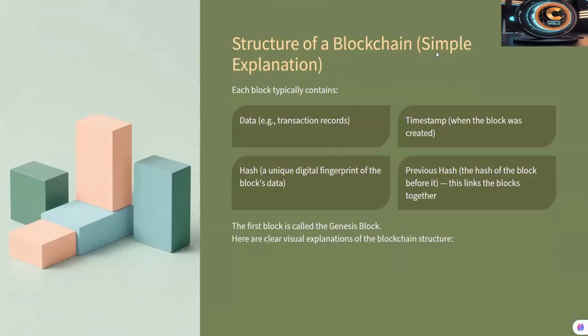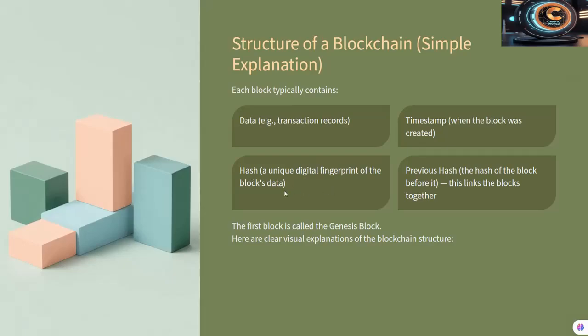Structure of blockchain, simple explanation. Each block typically contains data, for example, transaction records, the money which is used in the transaction. Timestamp: when the block was created. Hash: a unique digital fingerprint of the block's data.